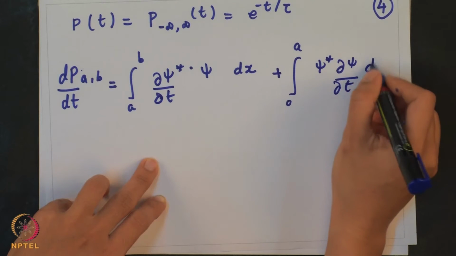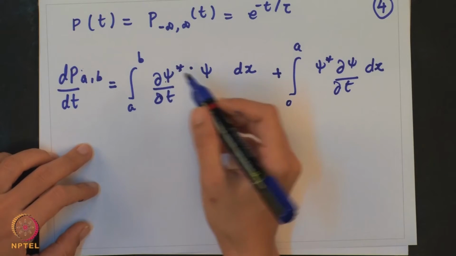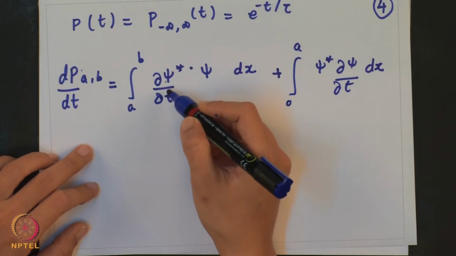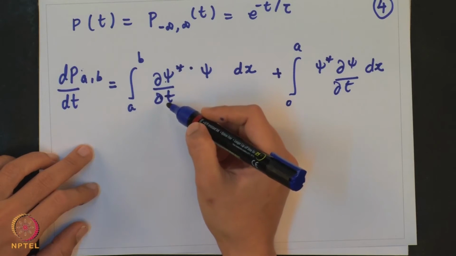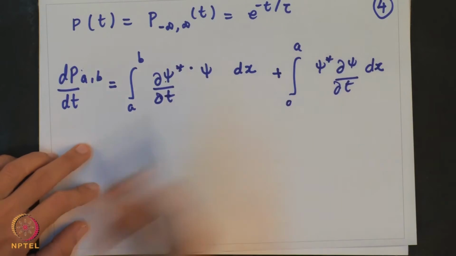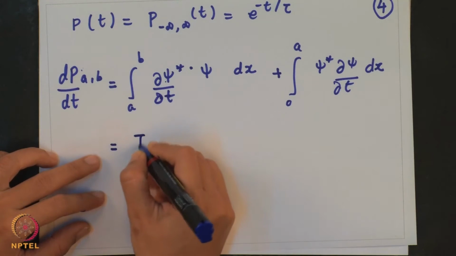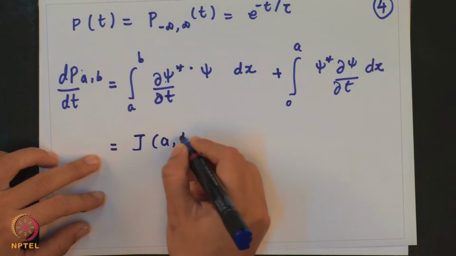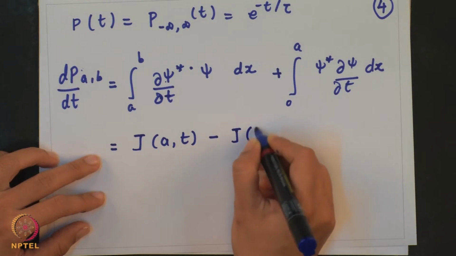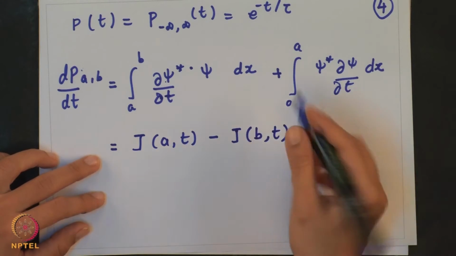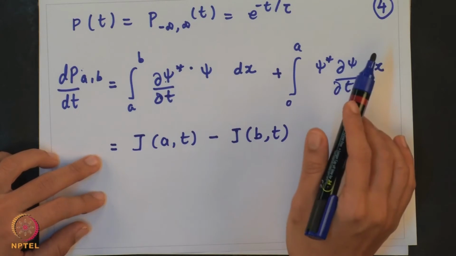Again I will repeat the same procedure. I will substitute for the time dependent wave function, using the time dependent Schrodinger equation, I will substitute for these terms, and what I obtain is again the same expression. The first part of the expression will remain the same because the remaining part of the wave function is the same.